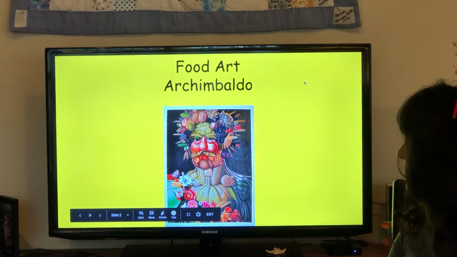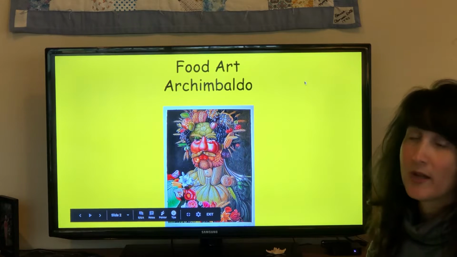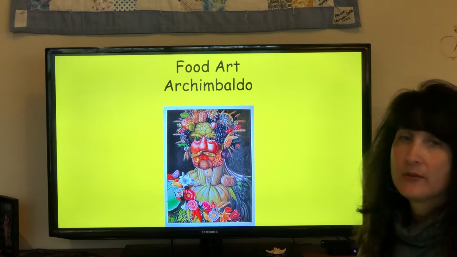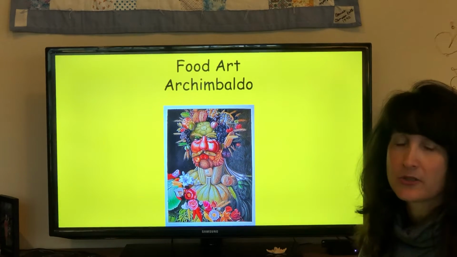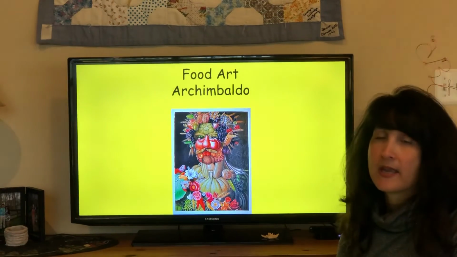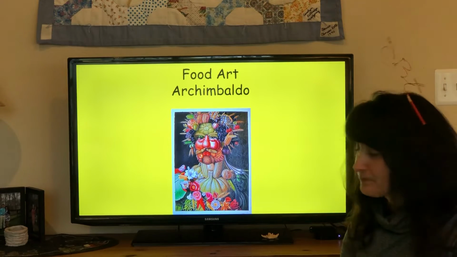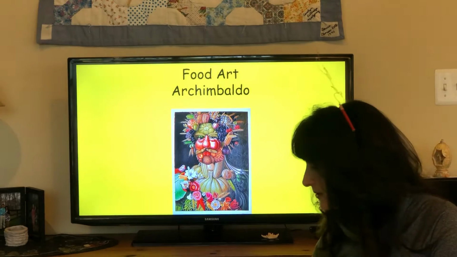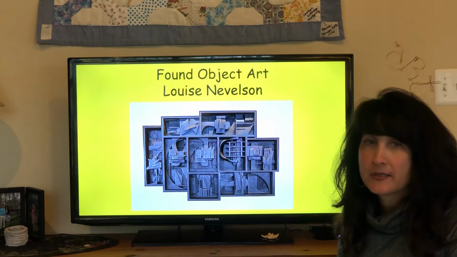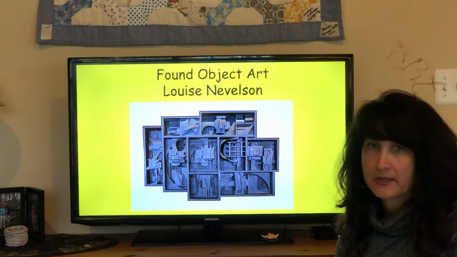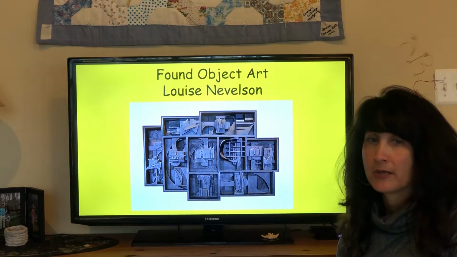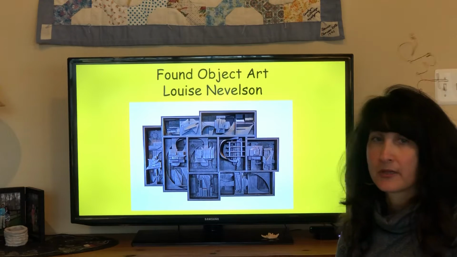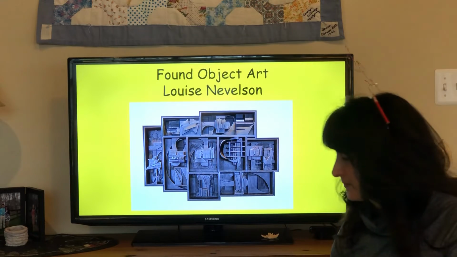So this is Archimboldo. He was a medieval artist who used fruit and flowers and vegetables to create portraits, and then he painted them. Then there is Louise Nevelson, who used found objects, mostly scraps of wood, to create assemblages, which are pieces put together in little boxes.